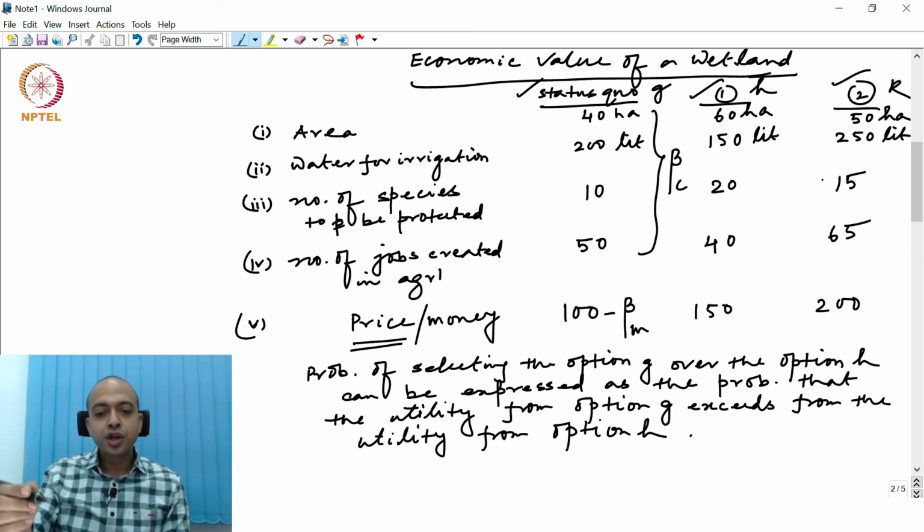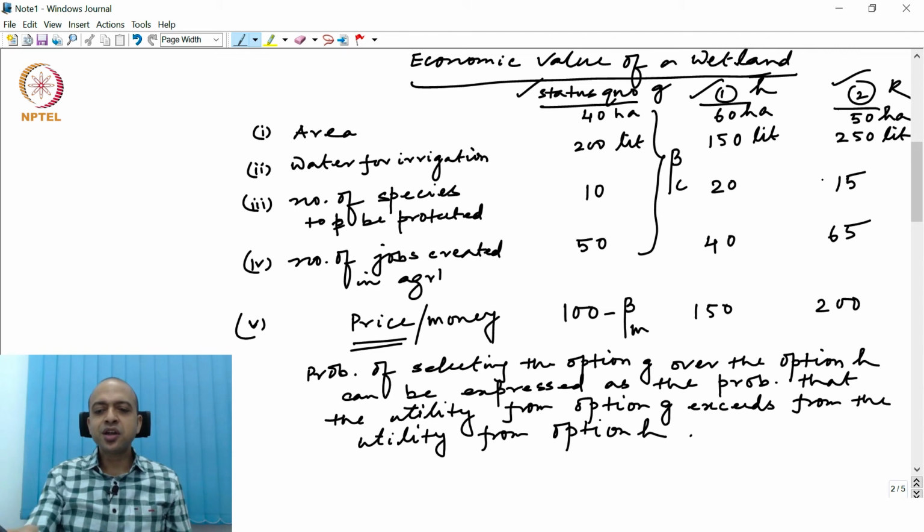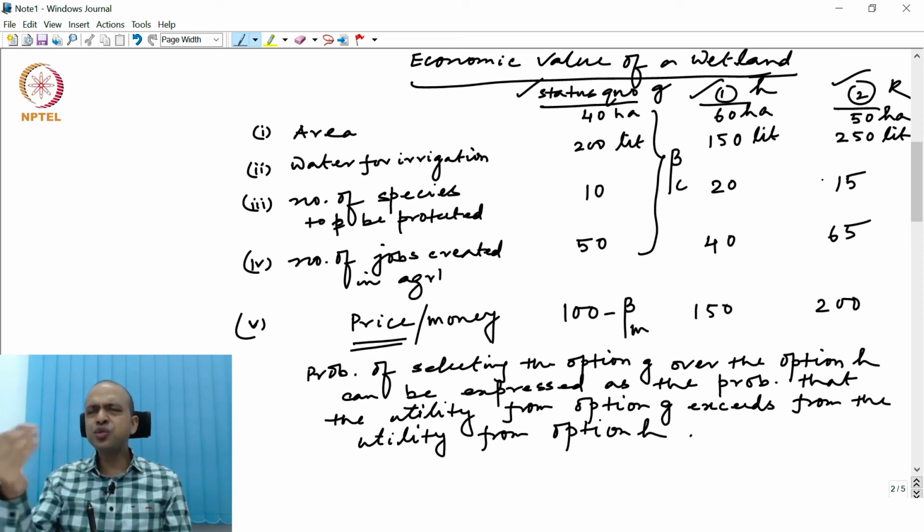That means we need to use an optimum number of attributes. If you use too few attributes, then the good is not properly defined. For example, if I say the wetland is only defined as area and water for irrigation, how much water you can supply, then that is not a proper characterization of a wetland, because the respondents will think that a wetland has many attributes.